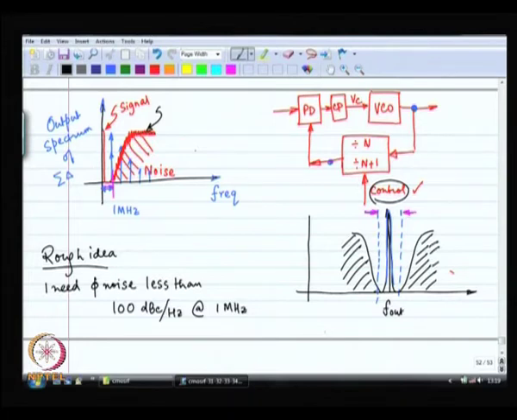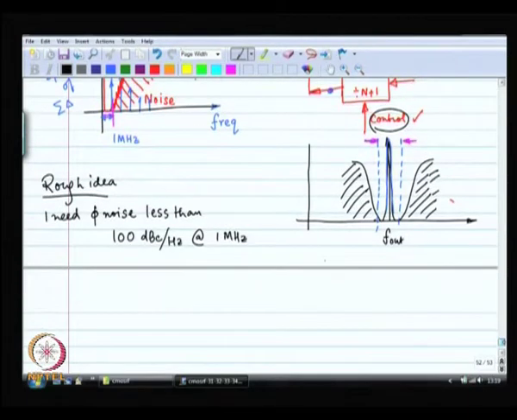right. Now, the crystal oscillator is good enough for this, to give you this. Your loop bandwidth is 1 megahertz.